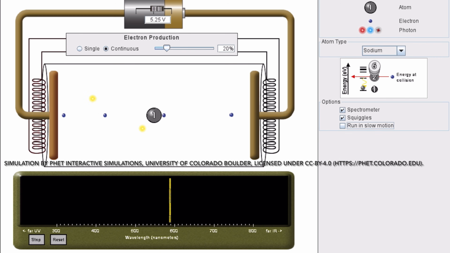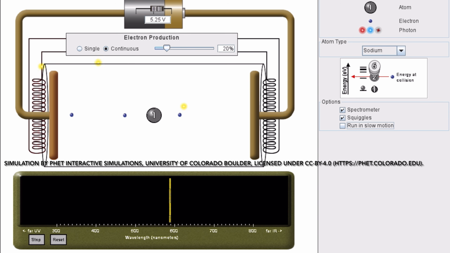Let's use another great PhET animation to understand how the sodium gas discharge tube works. So the idea is that a small current is passed through a gas at low pressure, and the electrons, shown as the blue little circles, collide with a sodium atom, and they give some energy to the electron in the sodium atom and promote it to a higher energy level.